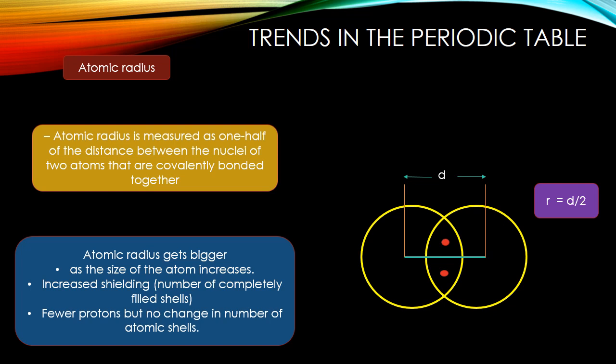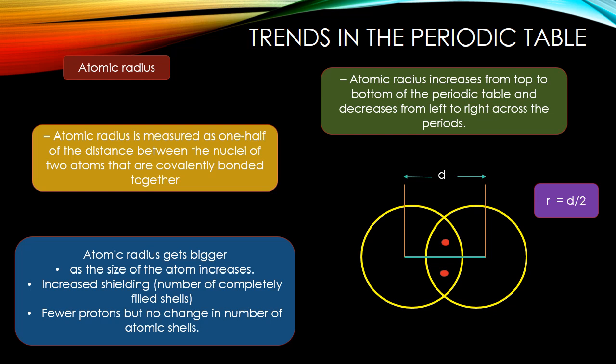All members of period 3 have 3 energy levels. However, the number of protons in the nucleus of the atoms increase going from sodium to argon. Therefore, sodium will have the largest atomic radius in that period.